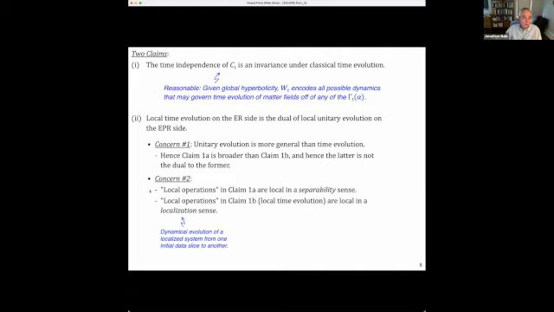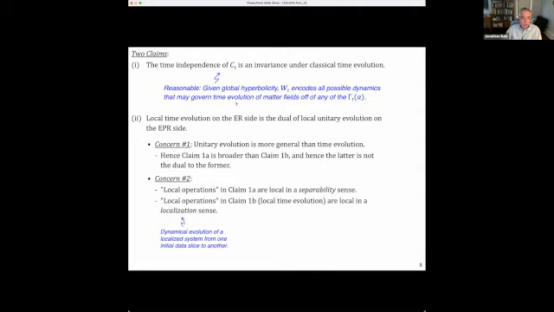And the second concern is just a concern over possible conflation of two different senses of locality in the term local operation, right? So in the first claim, local operations are local in, as I argued, a separability sense, which in principle is distinct from a localizability sense of locality. Whereas in the second claim, local operations do seem to be local in this localizability sense.